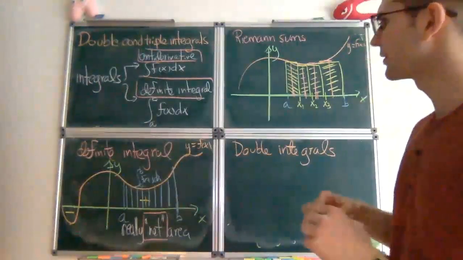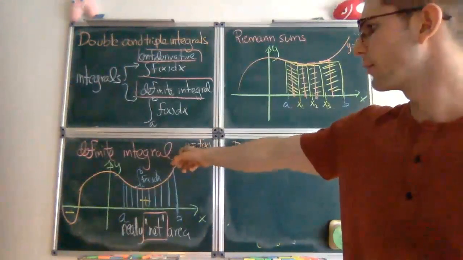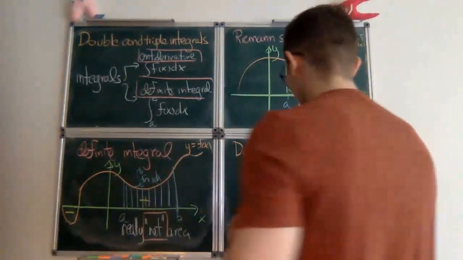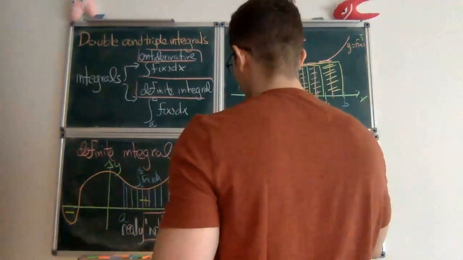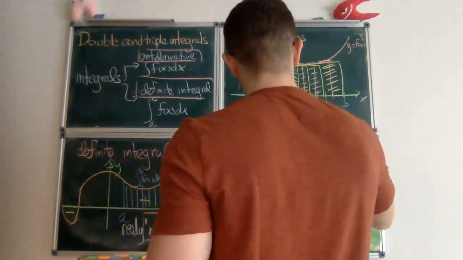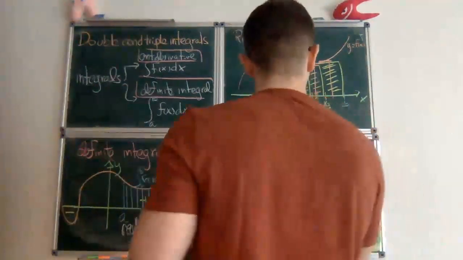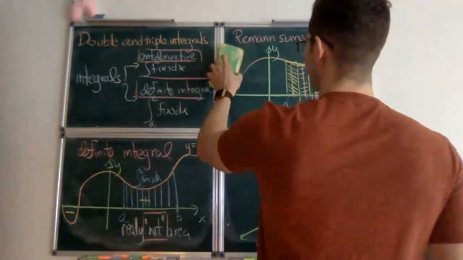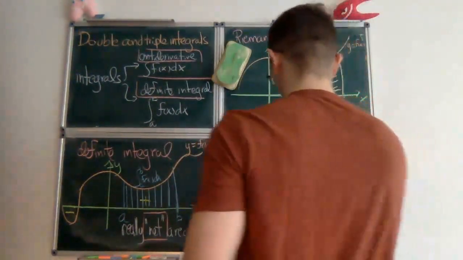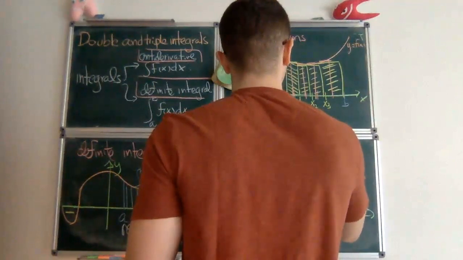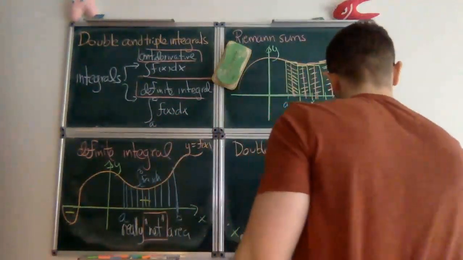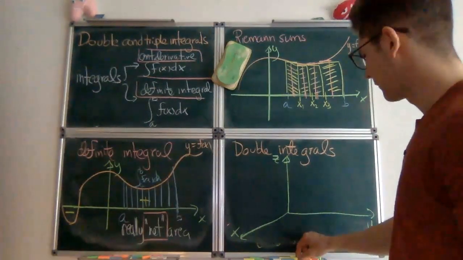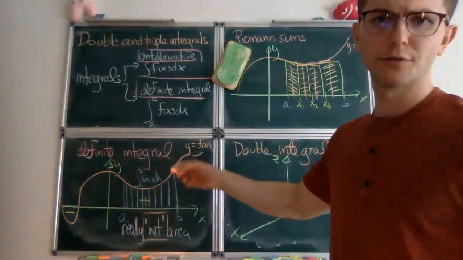So for a double integral, before we were writing y equals f of x, now we have to add an extra variable, and so we would write z equals f of x, y. Okay? And again, the graph of a function of a single variable looks like a curve.